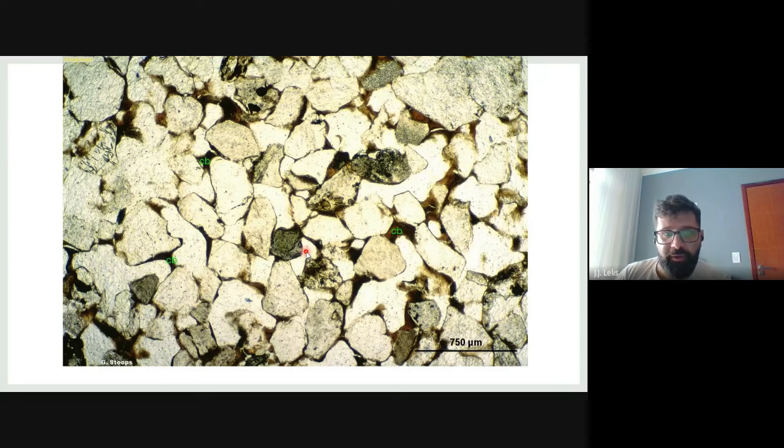We also can see clay bridges, which are these materials that form a connection between coarse grains. So we have these sand grains, and between the sand grains, we have these clay bridges, these thin materials that form clay bridges between the coarse materials. They also express clay migration.